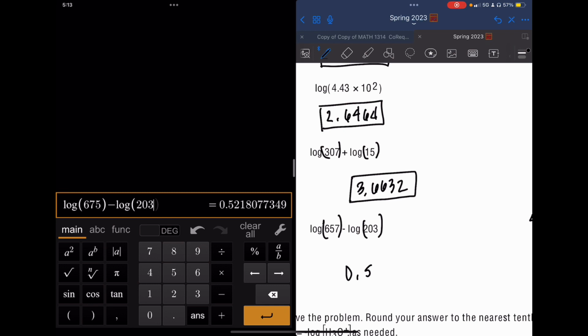Oops, did we do that correctly? 657. Oh no, it's incorrect. It's 657 minus log 203. So our decimal is 0.5101, because of that number right there, we get 0.5100069. This number increases that by 1.